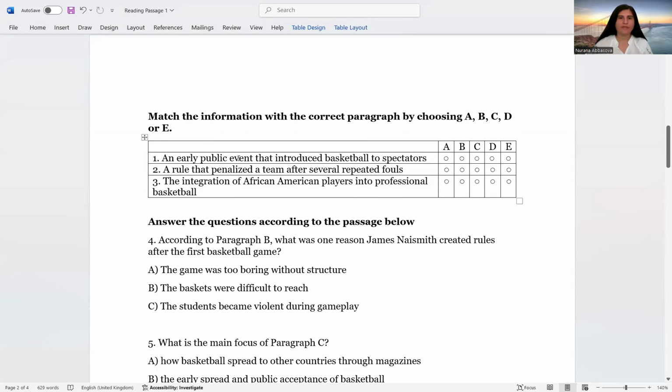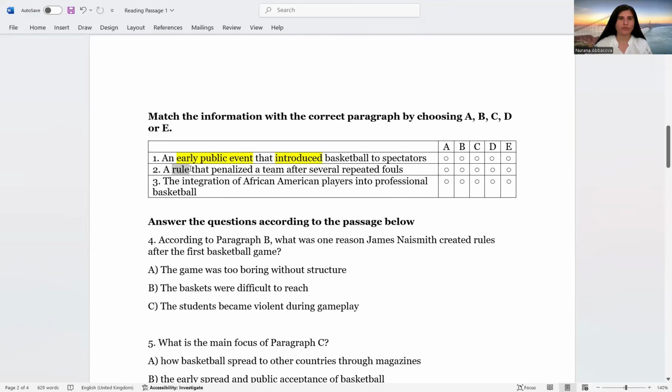An early public event that introduced basketball to spectators. An early public event, so this part is important. Introduced basketball. I'm not going to underline basketball because I know that this text is all about basketball. So early public event introduced. A rule that penalized a team after several repeated fouls.